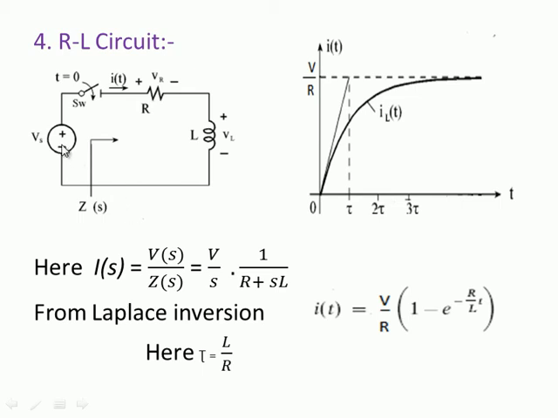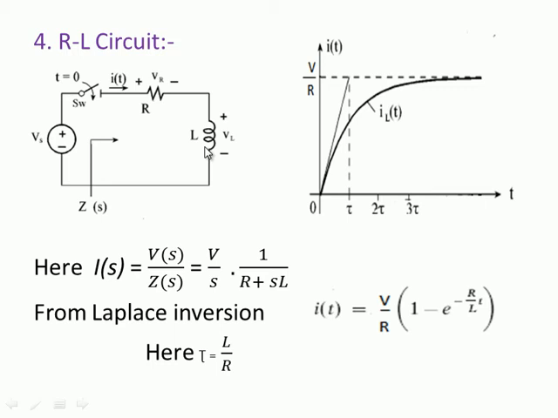This is a DC source, this is resistance, and this is inductance. Here Is is given by Vs by Zs. The impedance is the combination of R and L. So for V it is V by S, and Zs is R plus SL.